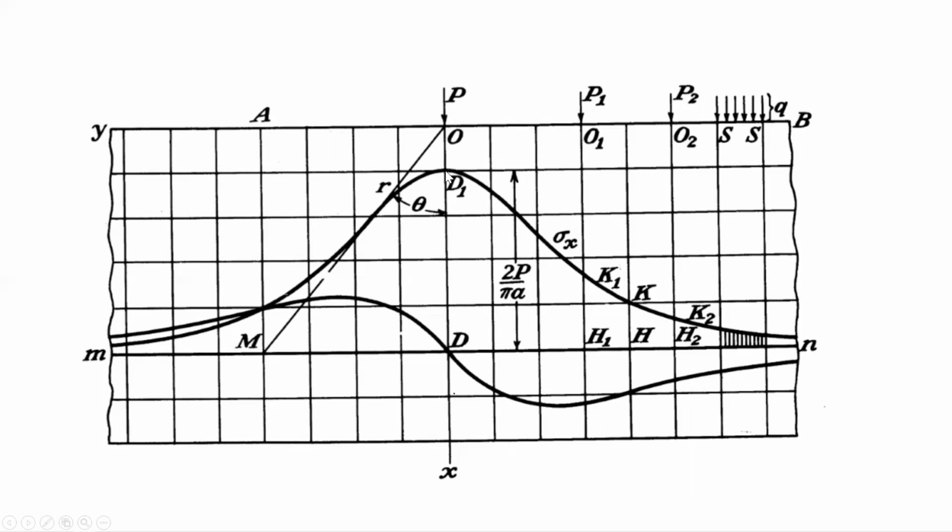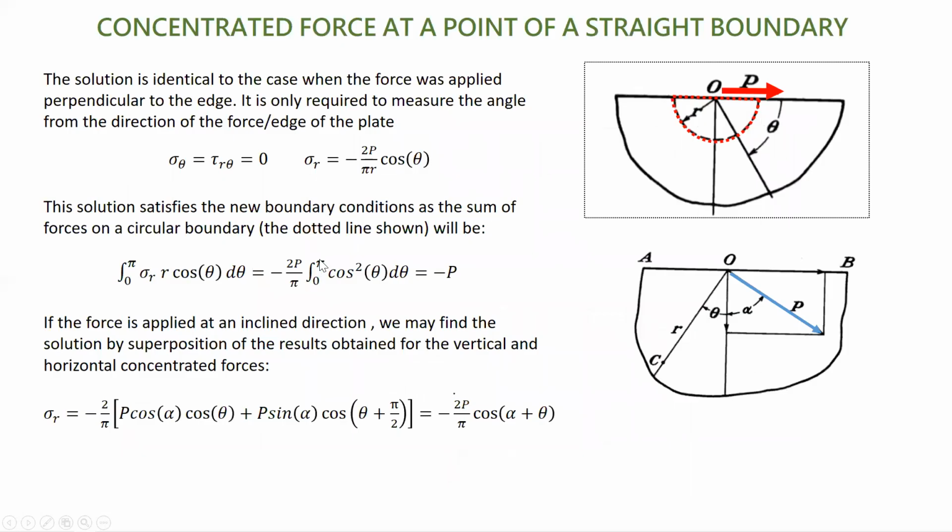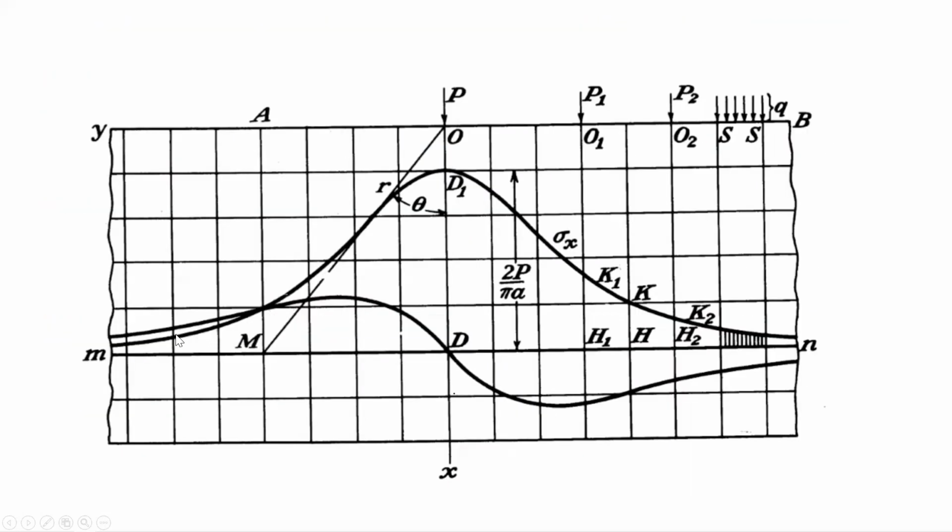The maximum radial stress would be just under the load. And as we go away, it gradually reduces and becomes smaller and smaller as we go away from that. So the curve on the top here shows the stress distribution of sigma r along MN.